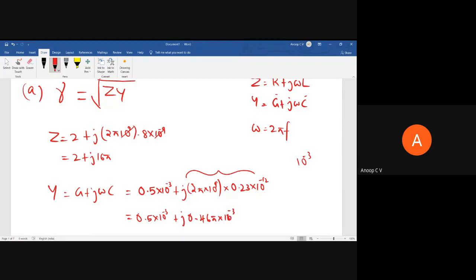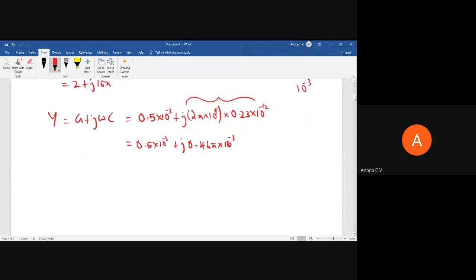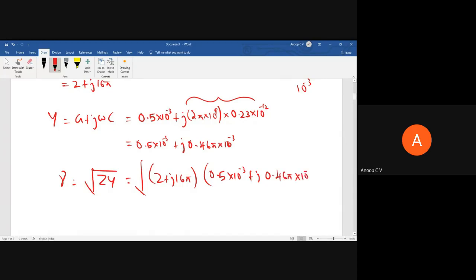Now we have Z and we have Y. Can you try and compute what gamma is? Gamma is root of ZY, that is equal to root of 2 plus j 16 pi into 0.5 into 10 power minus 3 plus j 0.46 pi into 10 power minus 3.